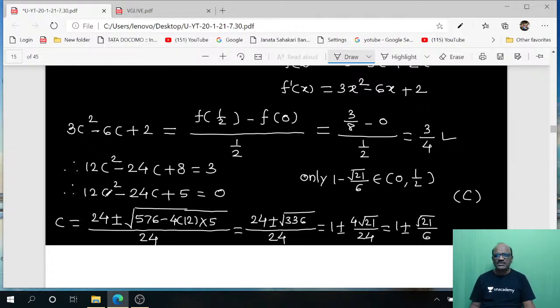What is the formula? That is, ax square plus bx plus c is equal to 0, then x is equal to minus b plus or minus under root of b square minus 4ac upon 2a.